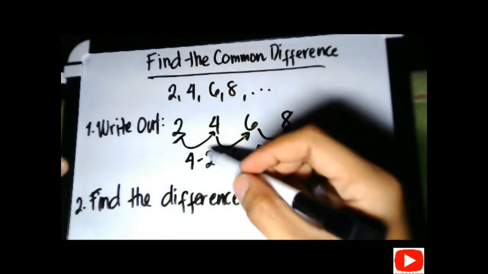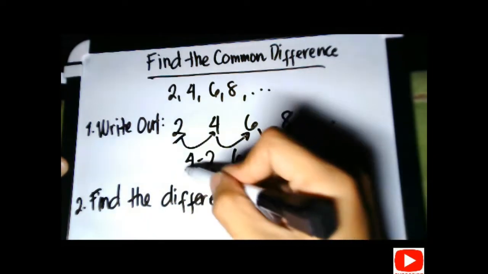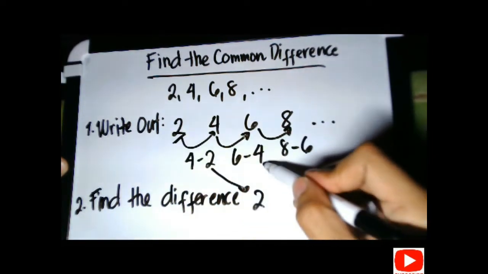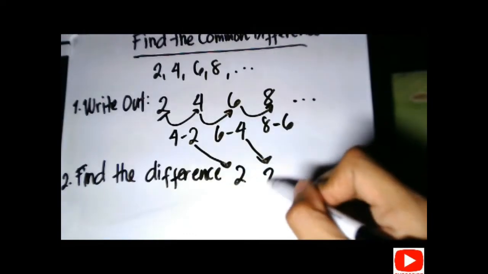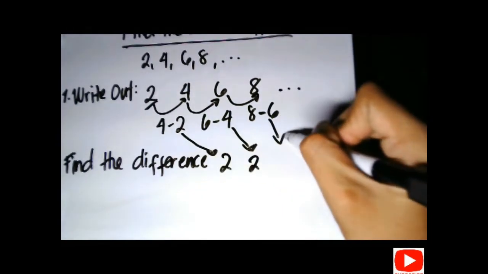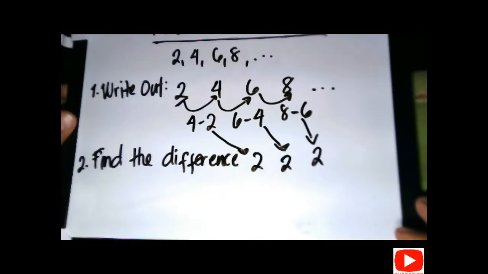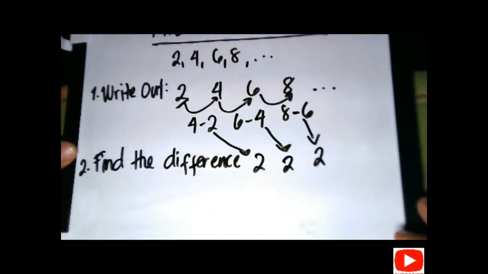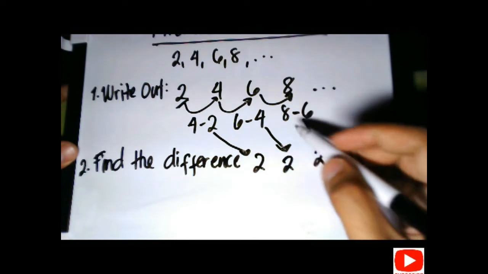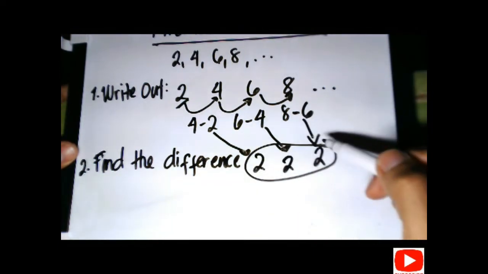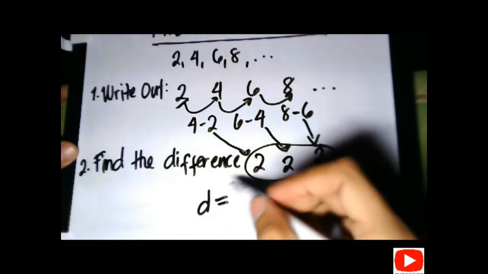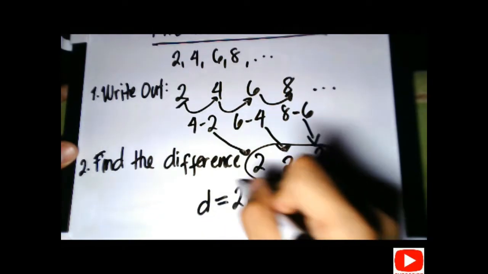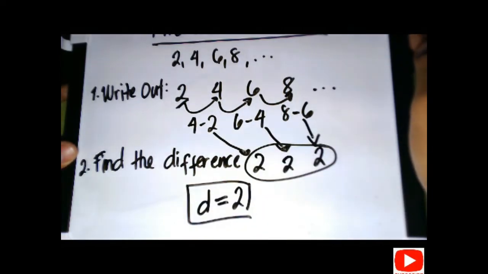So by getting the difference of this, 4 minus 2 is 2, 6 minus 4 is 2, and 8 minus 6 is 2. Therefore, the common difference is 2. And we denote the common difference as letter D. So the common difference is 2.